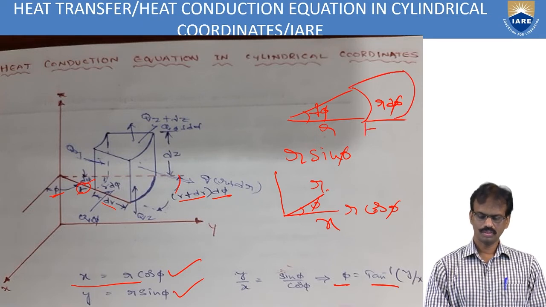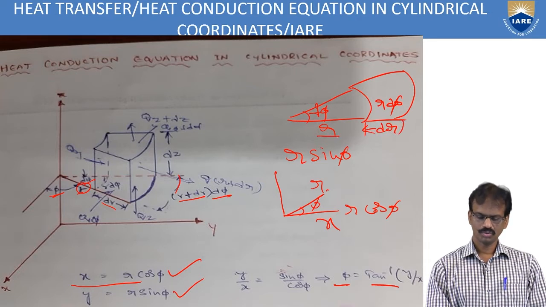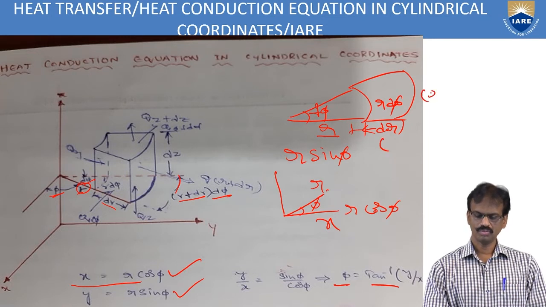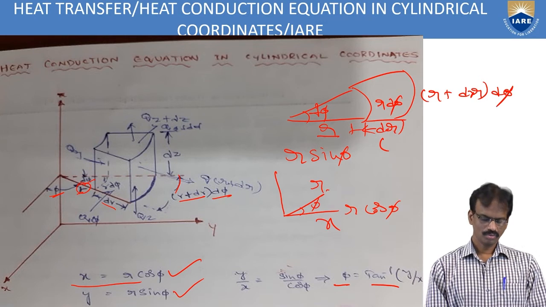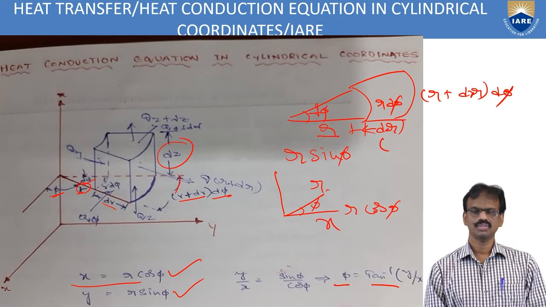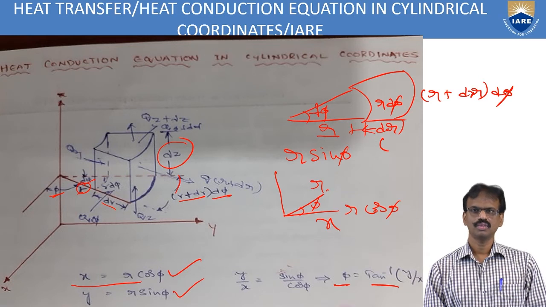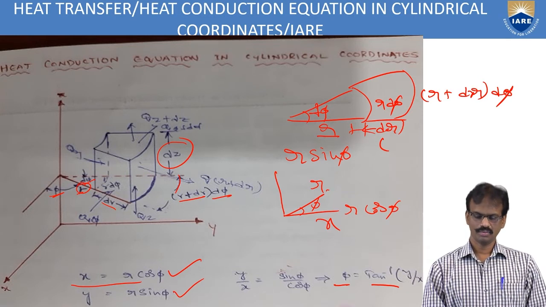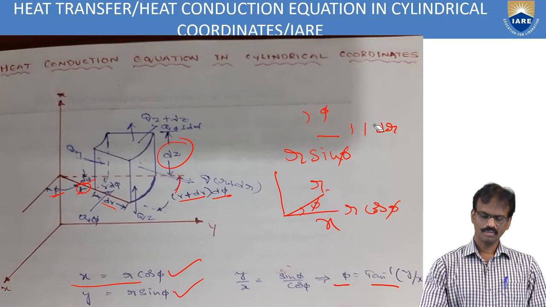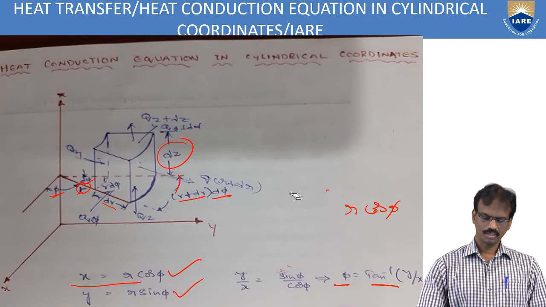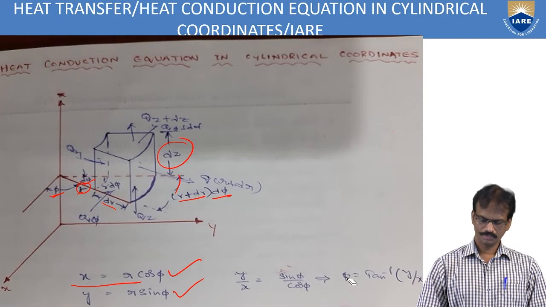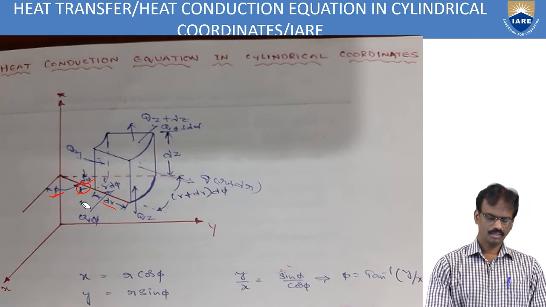For this one, this is the dr. Then this length is equal to small r plus dr, into dphi. But in the z direction there are no changes, there is no inclination, so you can take z values directly. But x and y values you can take with respect to r, the radial direction or radius.